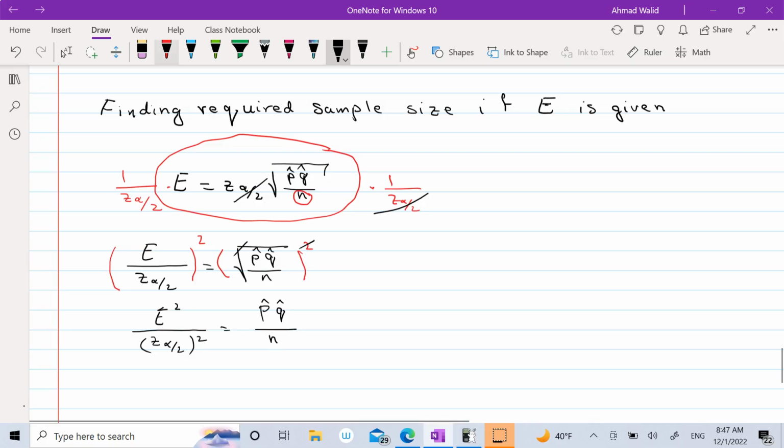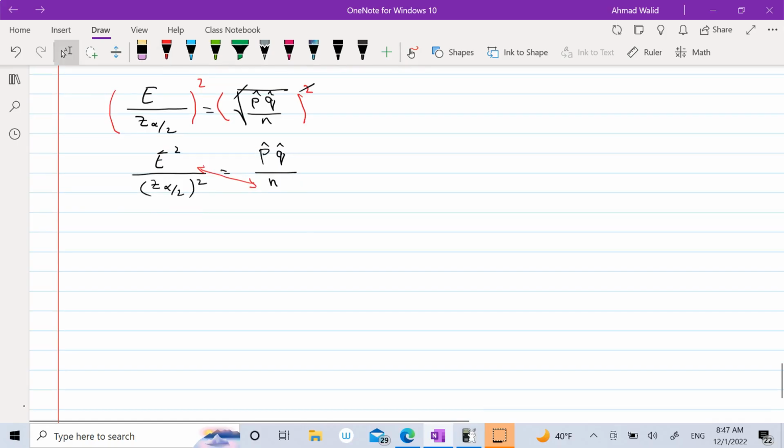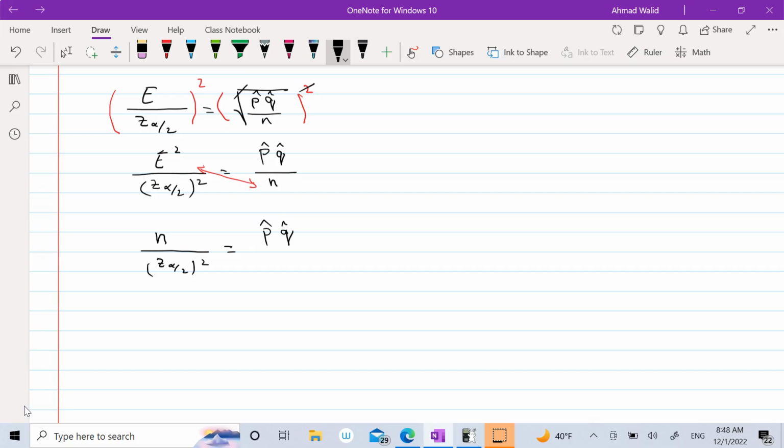Now, using the techniques of algebra, I can bring the E here and I can move the N there. In this case, I will end up with N over Z alpha over 2 squared equals P hat Q hat over E squared, correct?